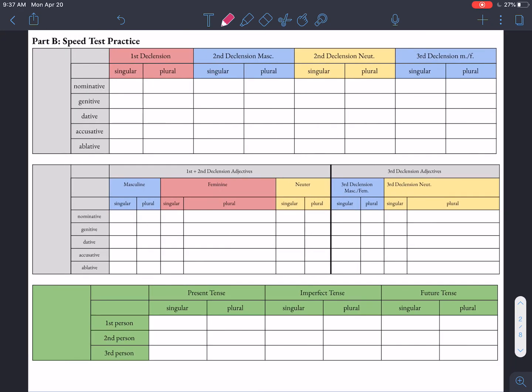First things first, as always, we've got our speed test practice. Please go ahead now and pause this video, fill in what you remember. When you're done filling in all that you can possibly remember and write down, hit play and we'll go over the answers together. So pause the video and do that now, please.